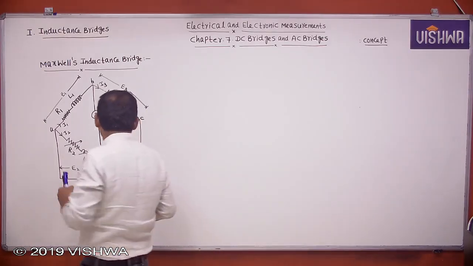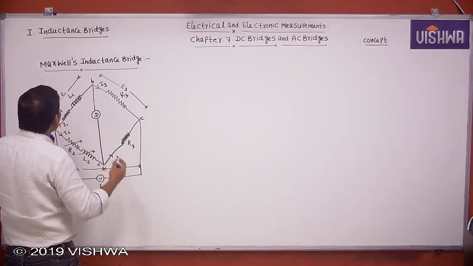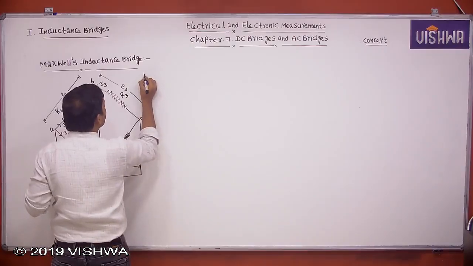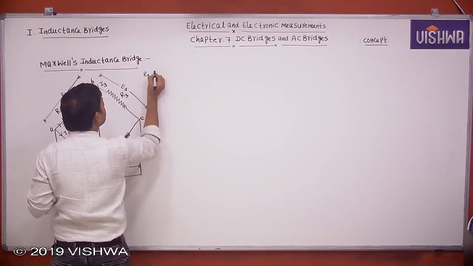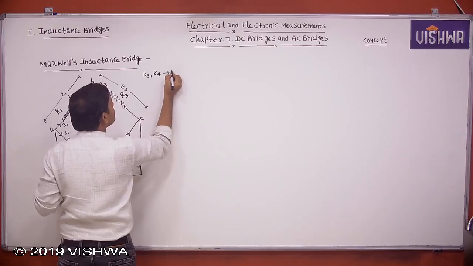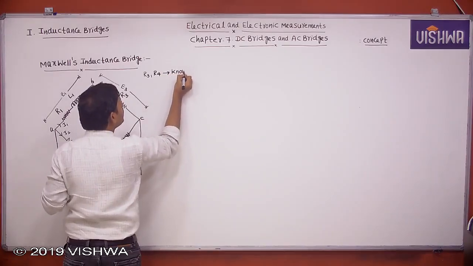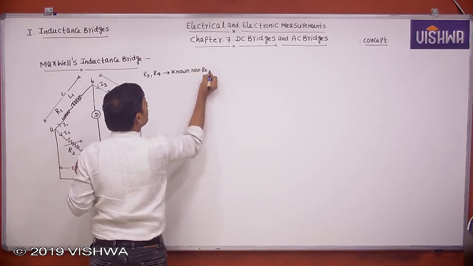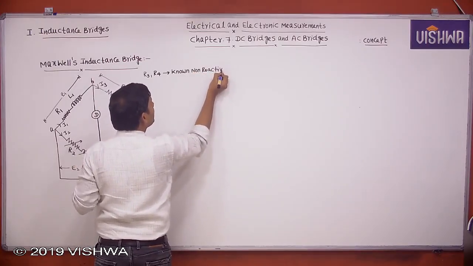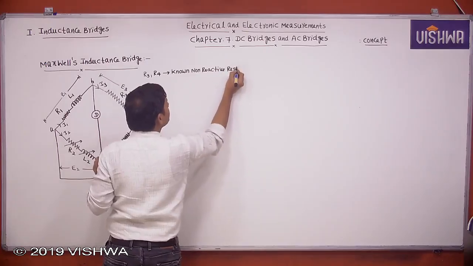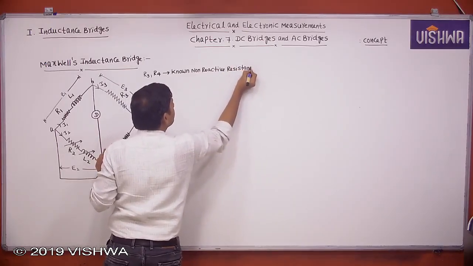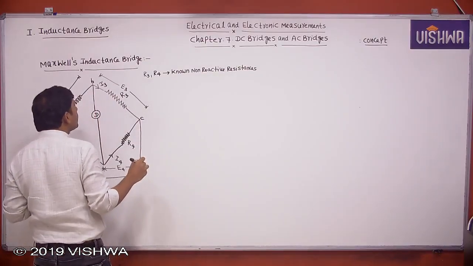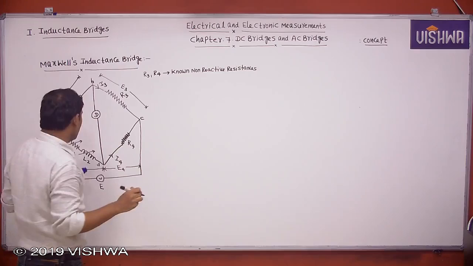Now, you see, this is Maxwell's inductance bridge, where R3, R4 are known non-reactive resistances. Where R3, R4 are known non-reactive resistances.